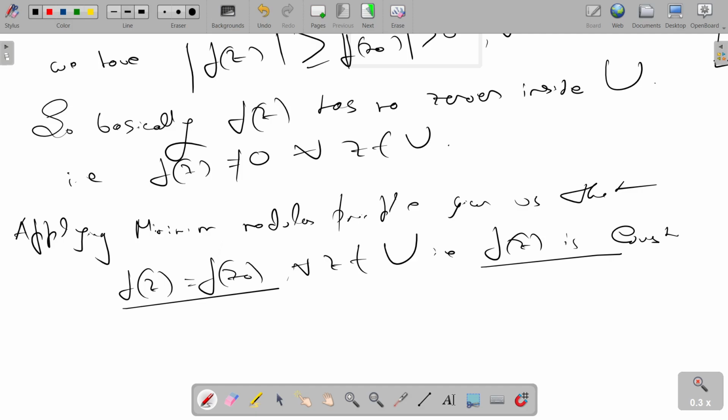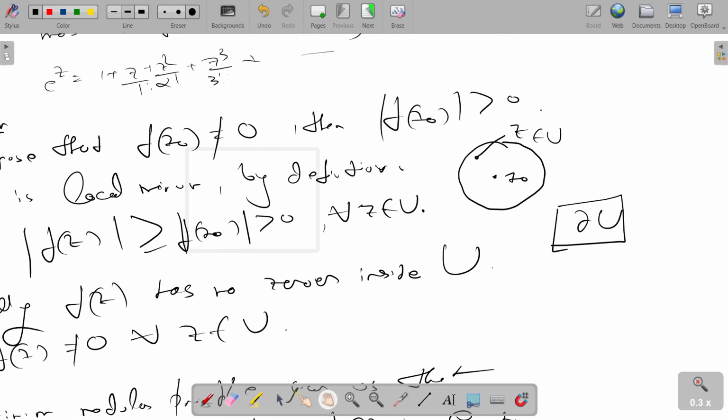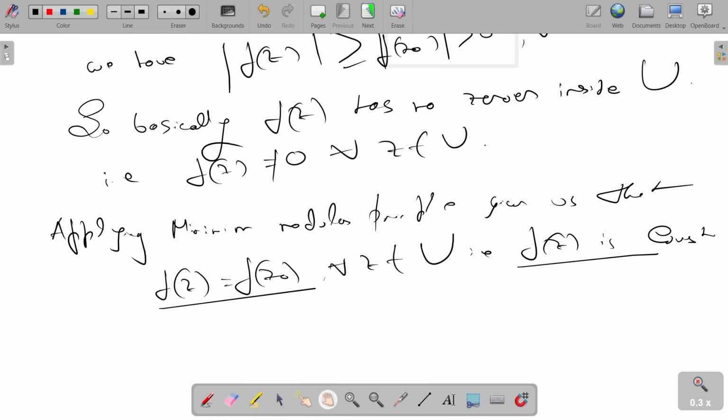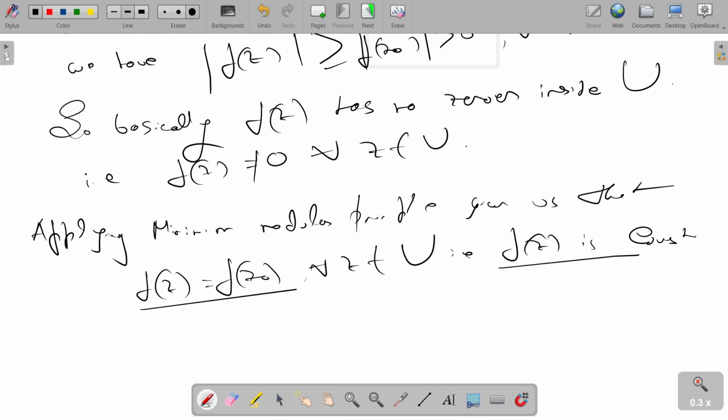So in this whole U region, f(z) is constant. In this open set, f(z) is constant. So we can apply the identity theorem.